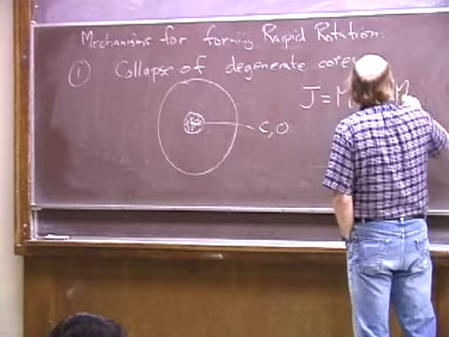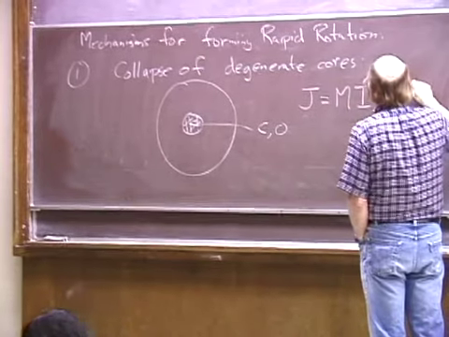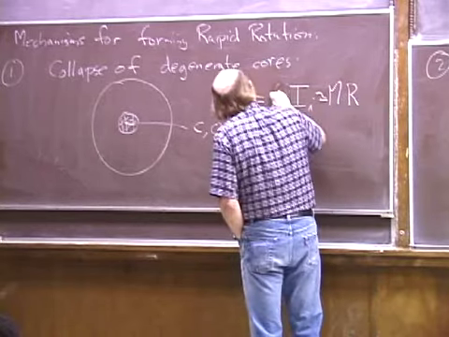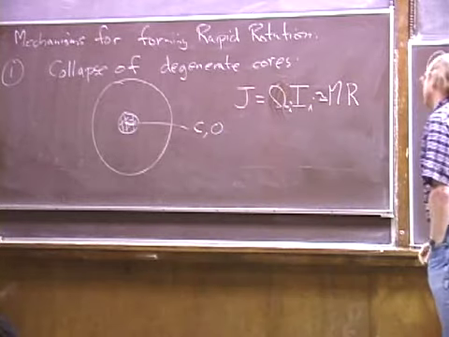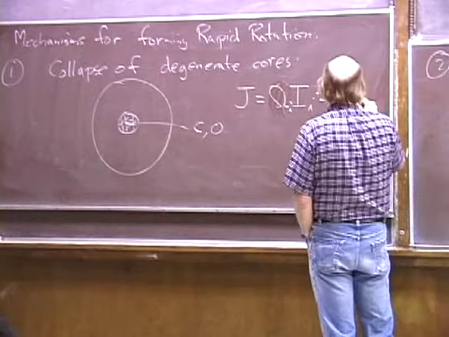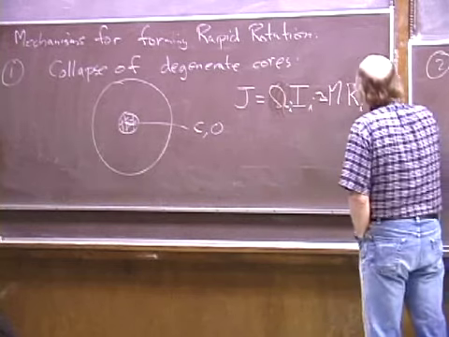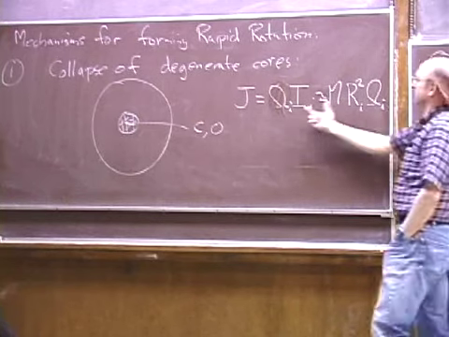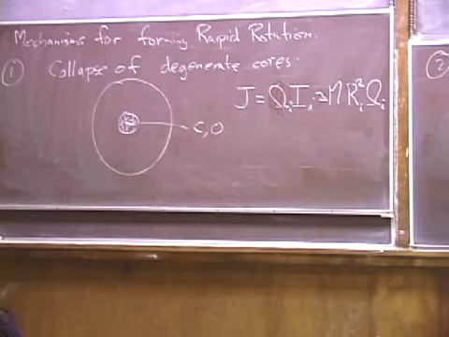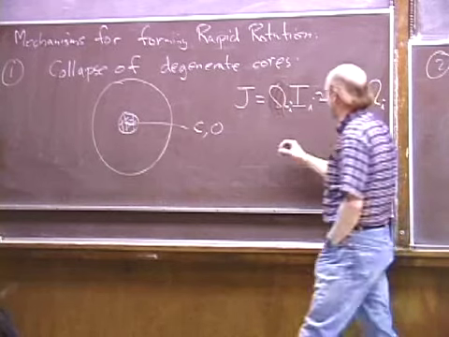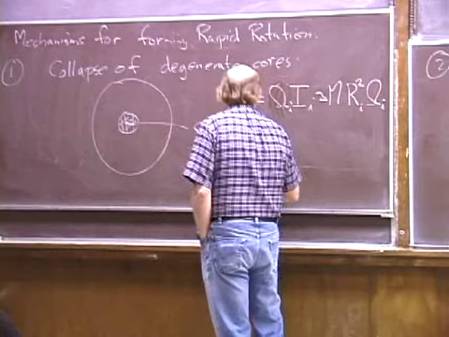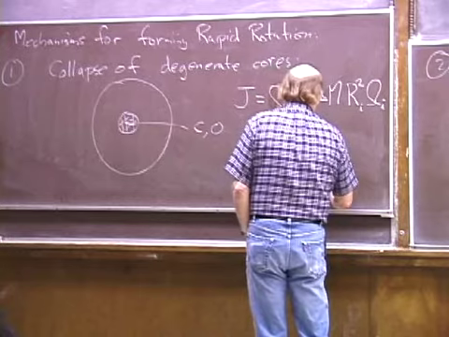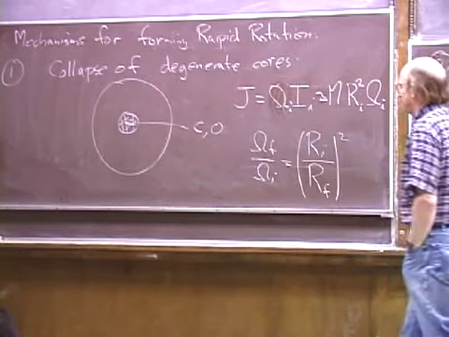J is the moment of inertia times the initial angular velocity, and the moment of inertia initially is something like the mass times its initial radius squared. This has to roughly be conserved during the collapse, and so you can get a relationship between the final angular velocity of the star and the initial angular velocity in terms of the ratio of the initial and final sizes.